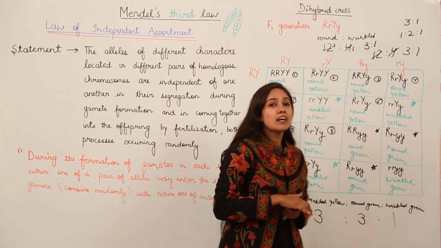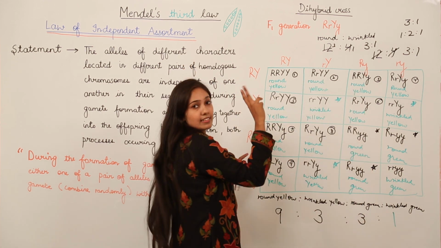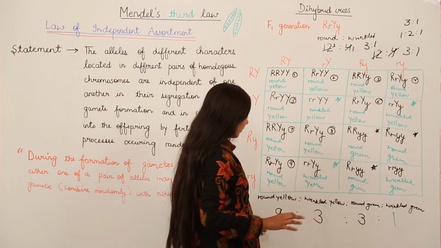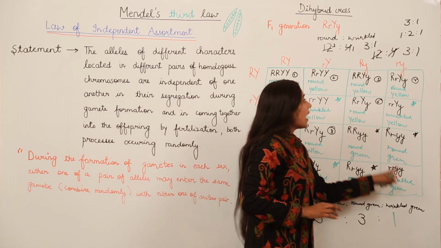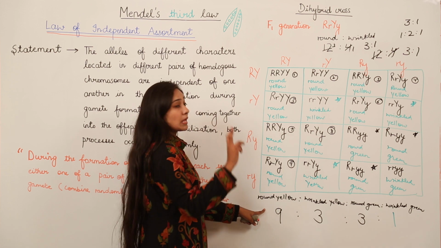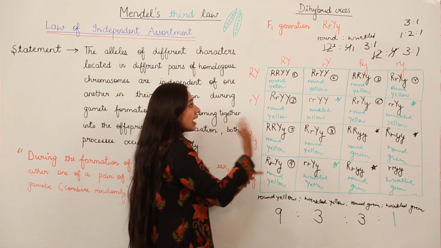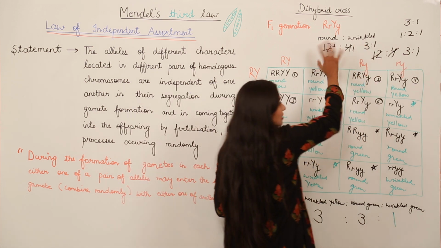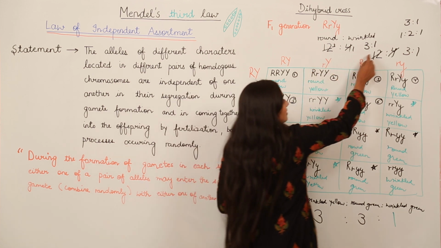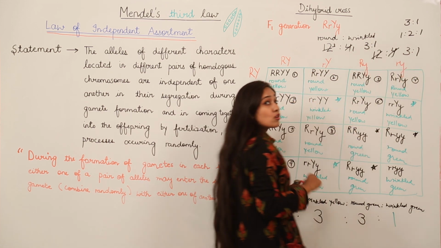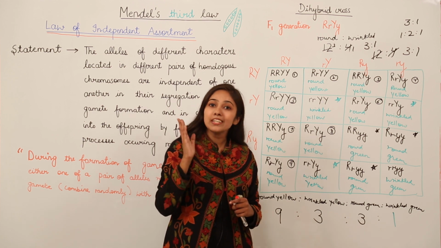So you can see that when we had two characteristic traits, we had the ratio 9:3:3:1. And when we separate these characteristic traits, we have the ratio 3:1 as I simplified. This is the same ratio we obtained in the case of the monohybrid cross.